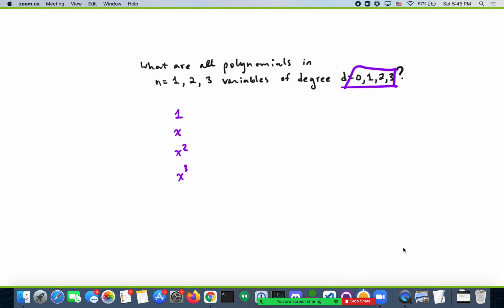We'd say the first is the constant term, this is linear, this is quadratic, and this is cubic. But the other way to say it is these are degrees: degree 0, 1, 2, 3.